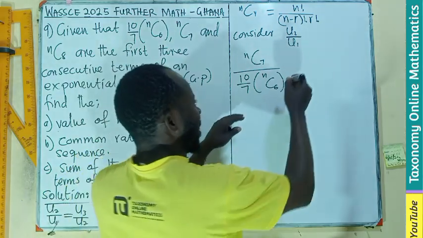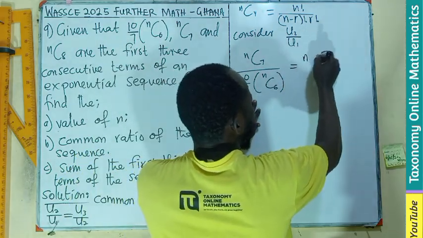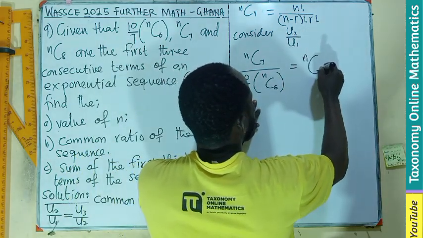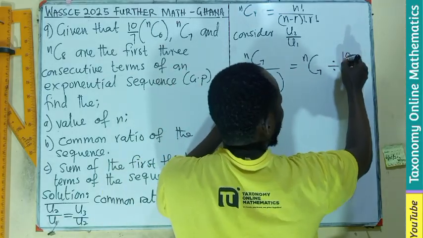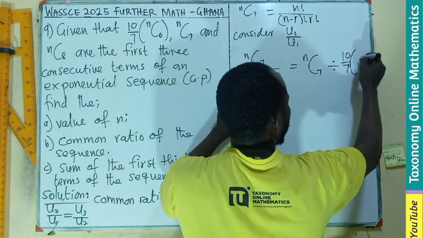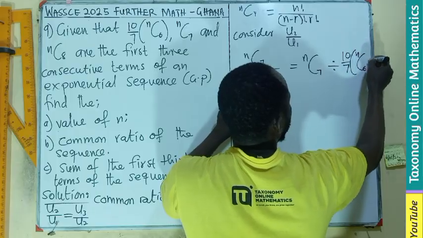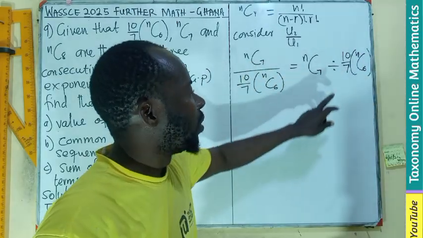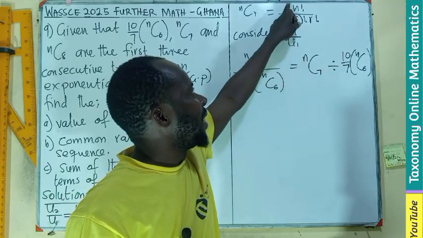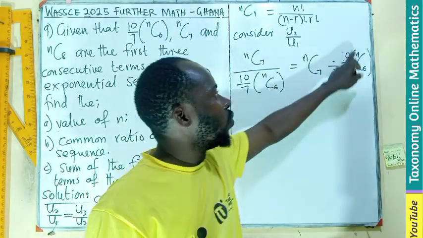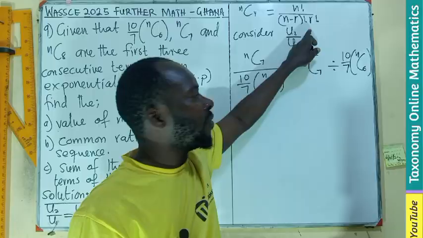So now let's take it further and have nC7 divided by 10/7 nC6. We are going to take this by the definition of combination, then we take this also by that same definition.